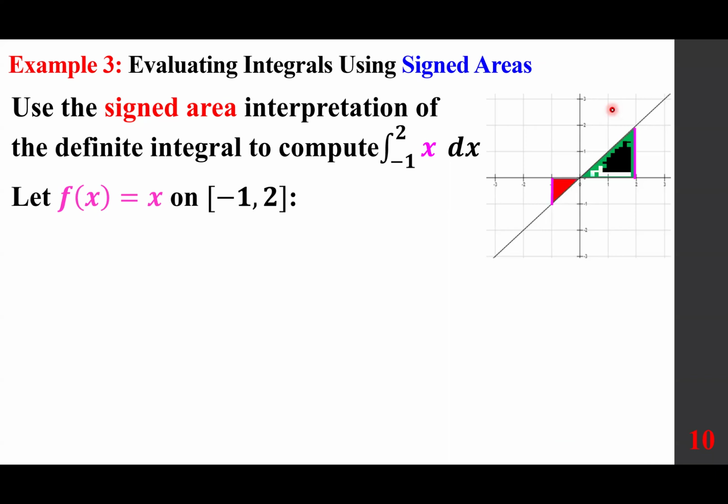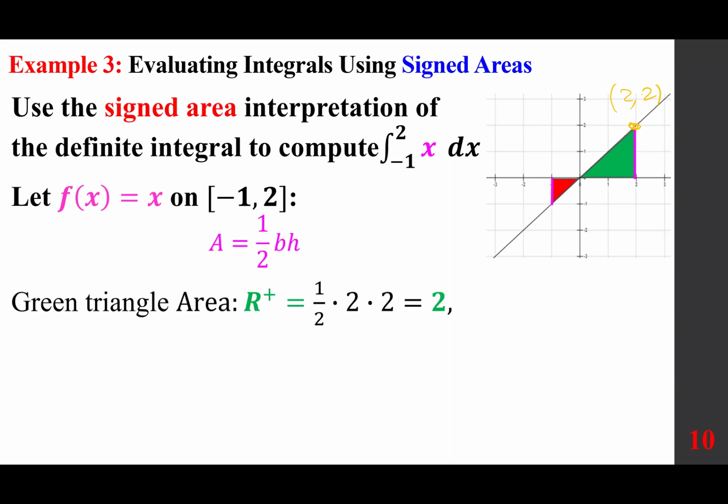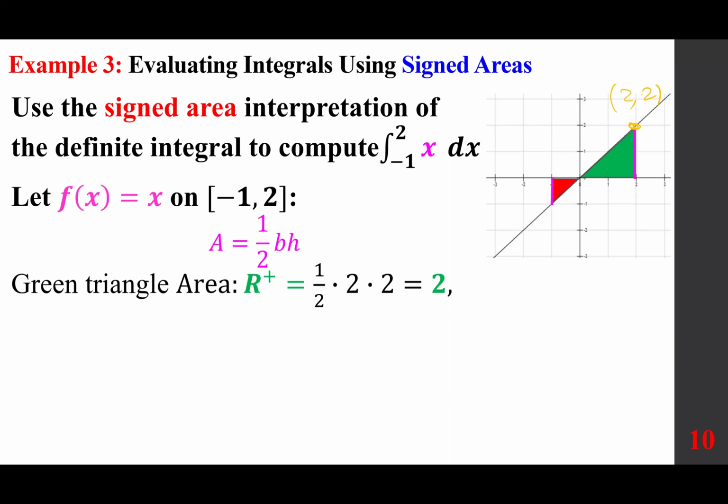We want this area and this area. However, the area above the x-axis is considered positive, and this one is negative. That's why it's the signed area, or difference of areas. That's important to understand, everybody. This point has coordinates (2, 2), and we use the area is 1/2 base times height. The base and the height are the legs, both 2. 1/2 of 2 times 2 is 2, so the area for the green one is 2.